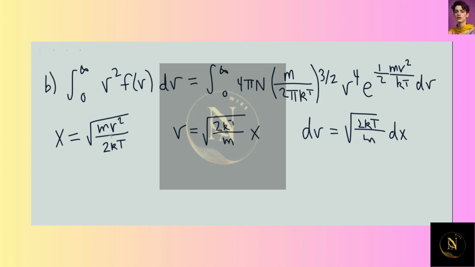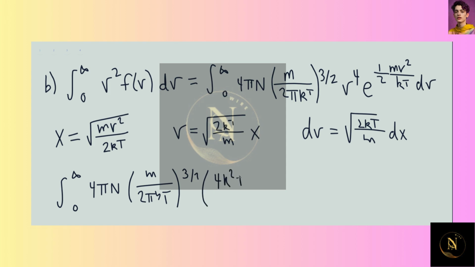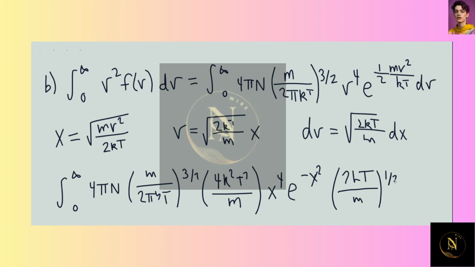Doing as we did before with all the substitutions, the integral will be 4 pi N, m over 2 pi kT to the 3 halves, times 4k squared T squared over m squared, x to the 4, e to the negative x squared, and 2kT over m to the 1/2 dx.